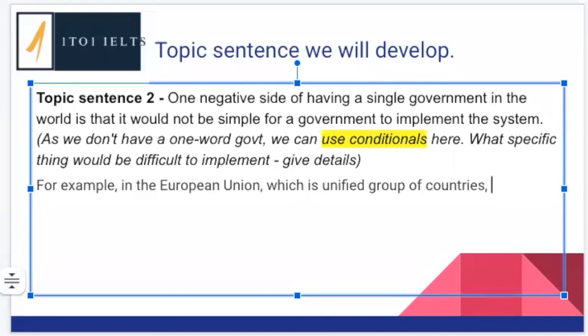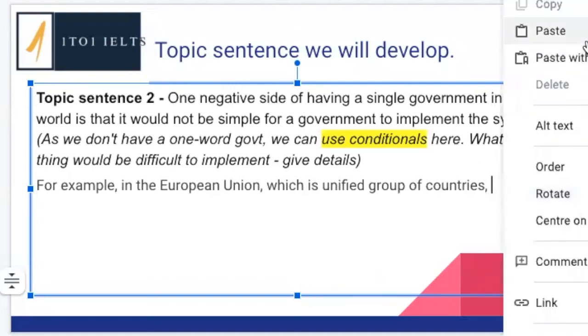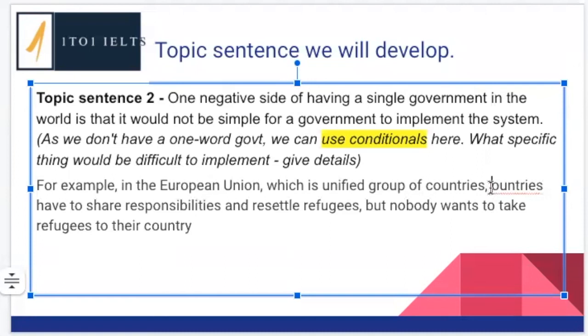Excellent. Okay, Tamara's got something here. Countries have to share responsibilities and resettle refugees. In the European Union, which is a unified group of countries, countries have to share responsibilities and resettle refugees, but nobody wants to take refugees to their country.